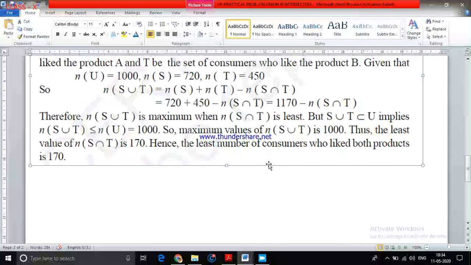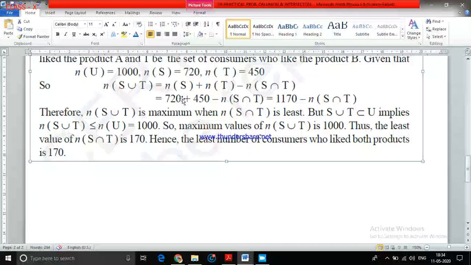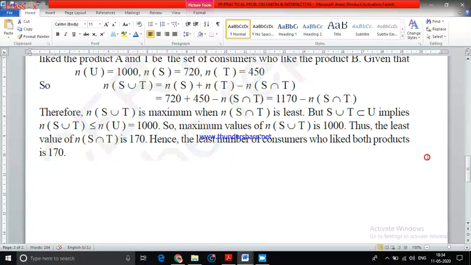Now n(S) is 720 plus n(T) is 450 minus n(S intersection T), that is not given. So 720 plus 450 will be 1170 minus n(S intersection T). If you want, I will write this formula once.